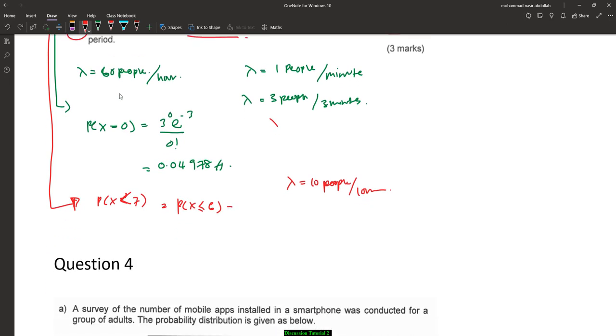So this is the summation from i equal to 0 until 6 of lambda, which is 10, to the power of x, times exponential negative 10, divided by x factorial. So this one should be 0.13014. Just input into the calculator.